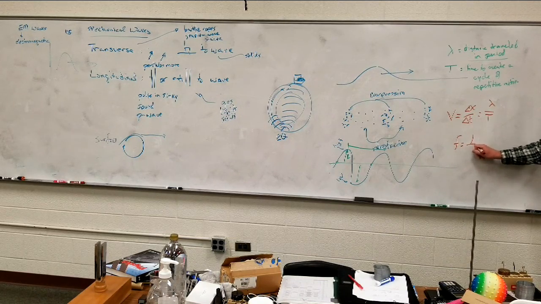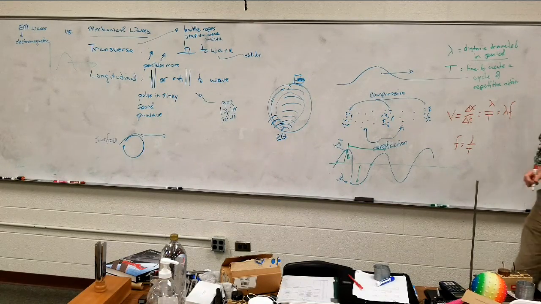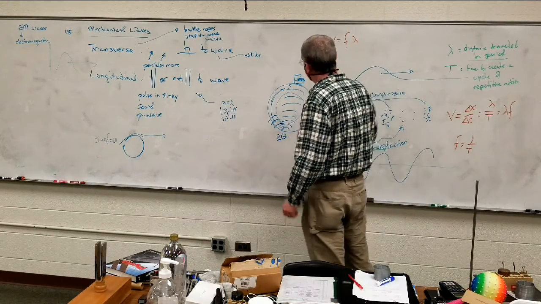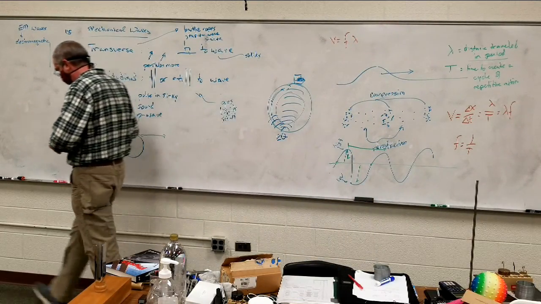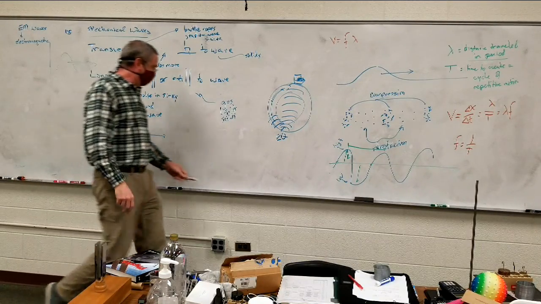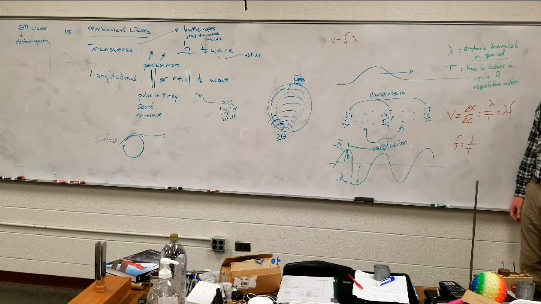Frequency is just 1 over the period. And so this becomes the wavelength times the frequency. Now, unfortunately, in physics, more advanced textbooks don't like using F for frequency.